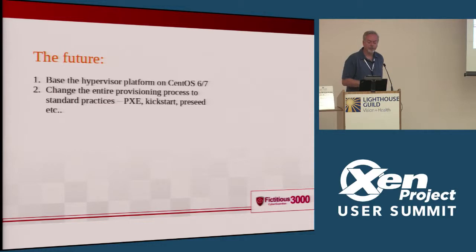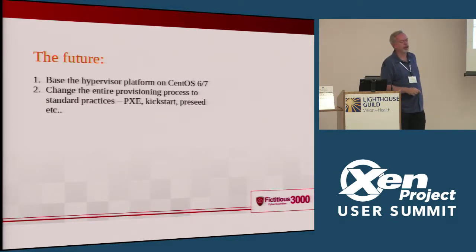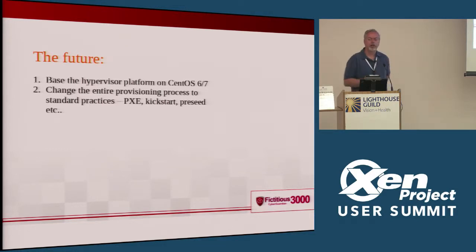Okay, so the future: base the hypervisor platform on CentOS 6 or 7. This is basically where Credence comes in. We would build the CentOS box, and then we would turn it into what we'd consider Xenserver, install the appropriate packages, and then build it up from there. And that gives us a lot of flexibility that we just didn't have a year ago.